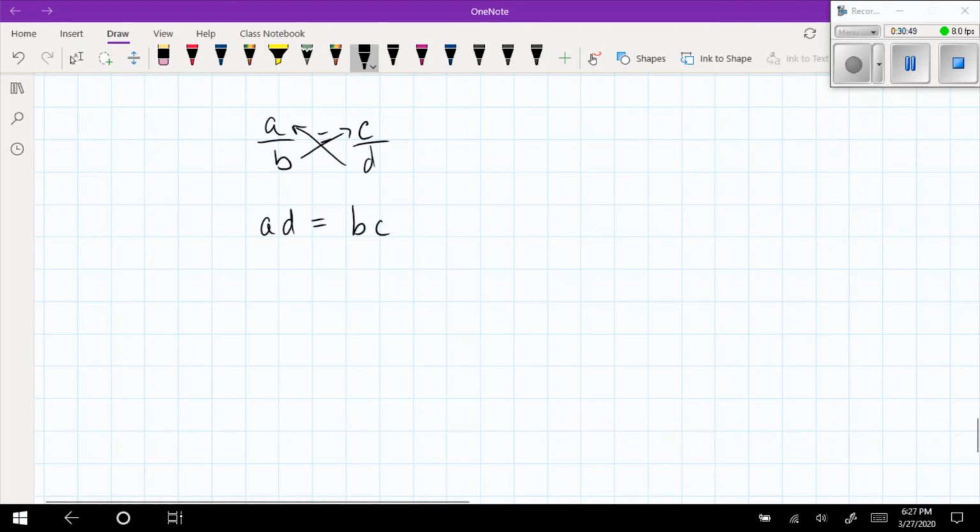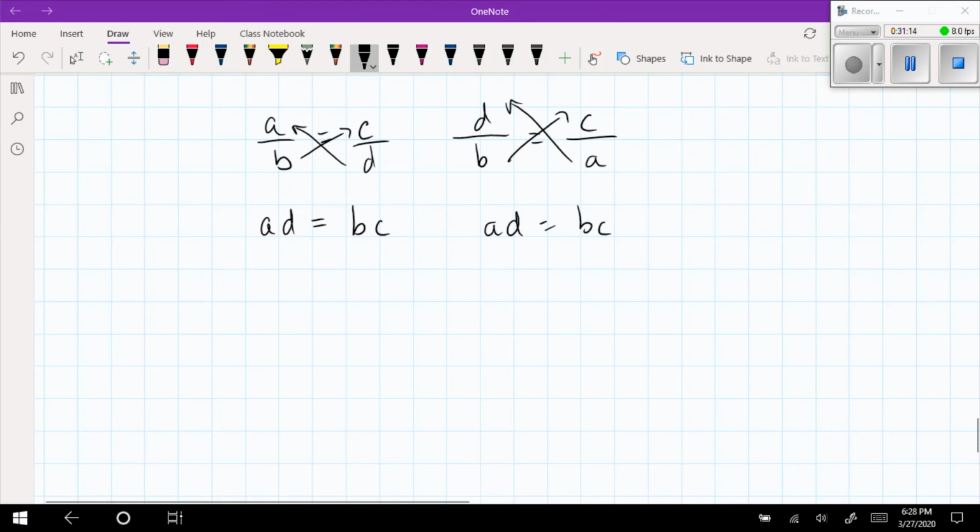Anything that results in the same cross product is a legal move. So I could take my A and my D and interchange them. I can swap these two corners, and it would still give me the same cross product, AD equals BC.